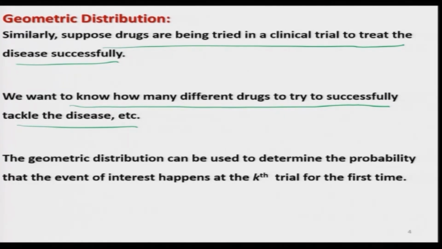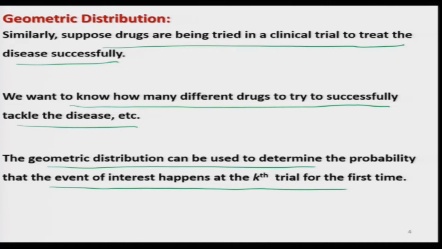Under this type of situation, we can use the geometric distribution, and we can compute the probability that the event of interest happens at, say, the kth trial for the first time. k can take different integer values.